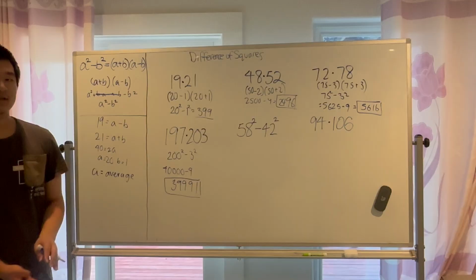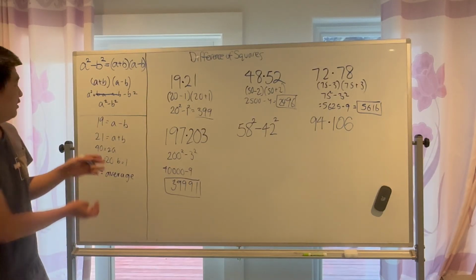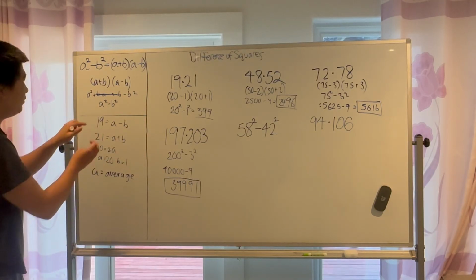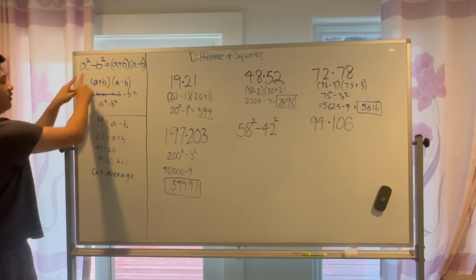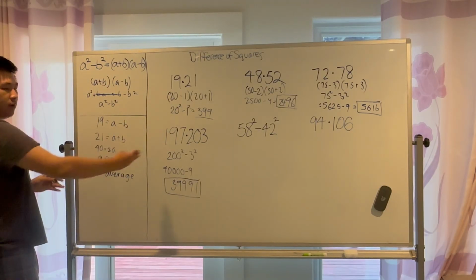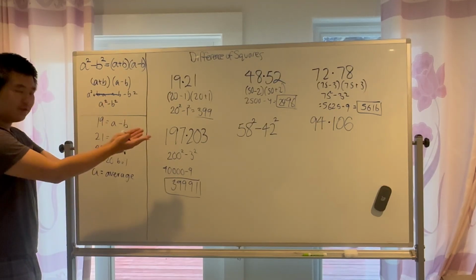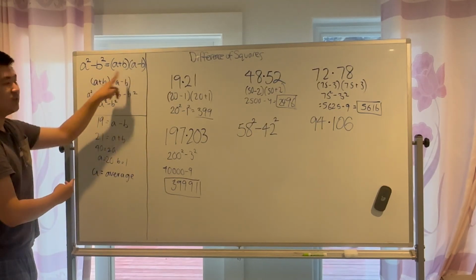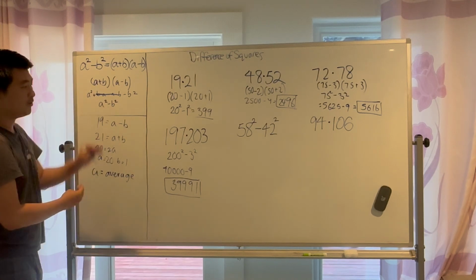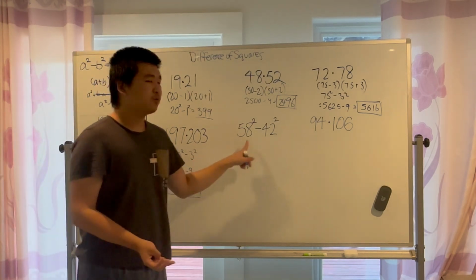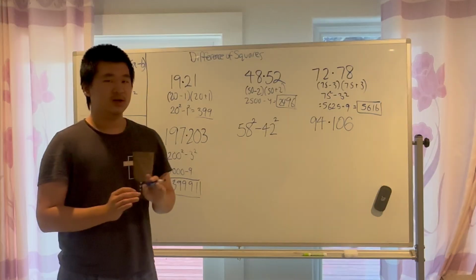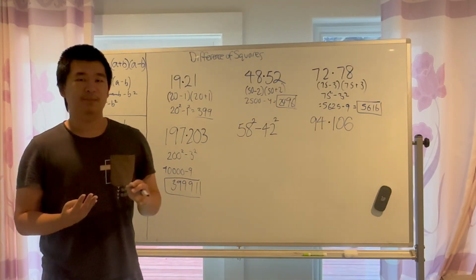Now, our second to last example is actually going to be going in the other direction, right? Normally we go from right to left on this, but here, they're basically telling us what to do. This is a difference of squares, so we should use this to simplify our calculation. We should go from left to right. So this is a squared minus b squared, right? A squared minus b squared equals a plus b times a minus b.